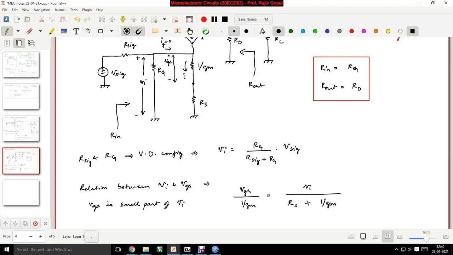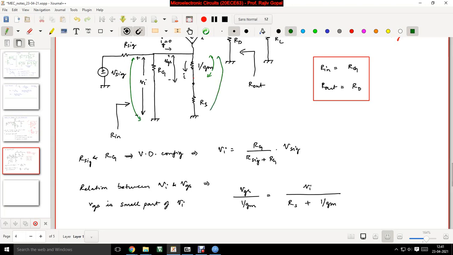Proportionality constant. VGS by 1 by GM is equal to VI by 1 by GM plus RS.